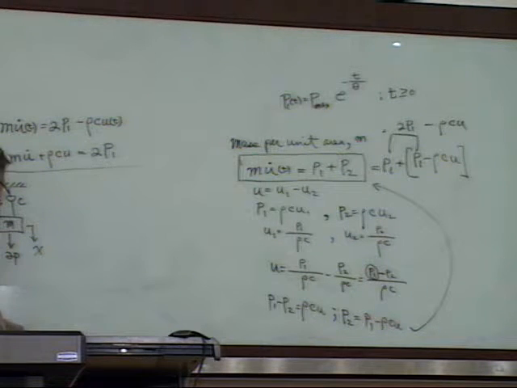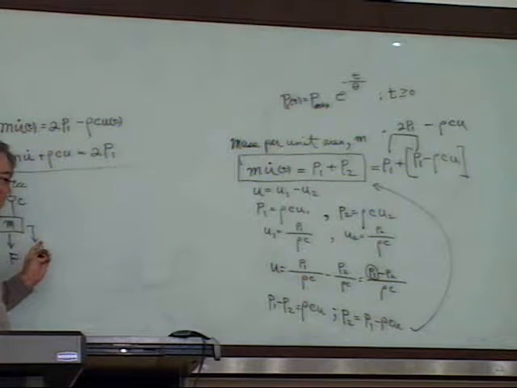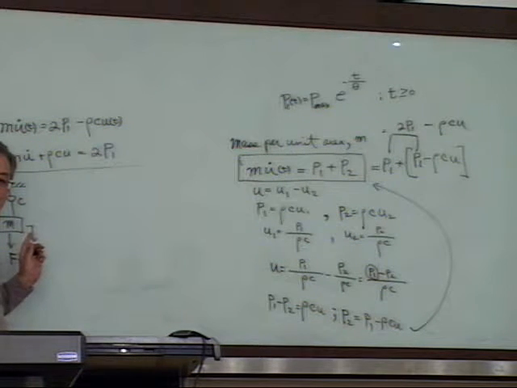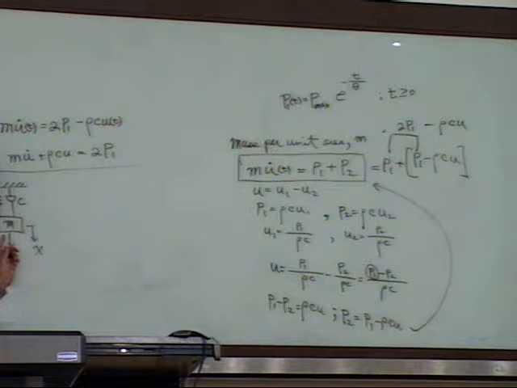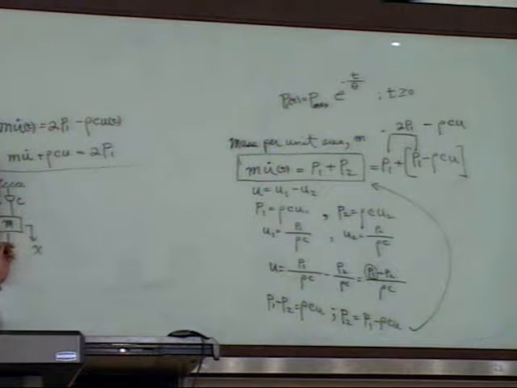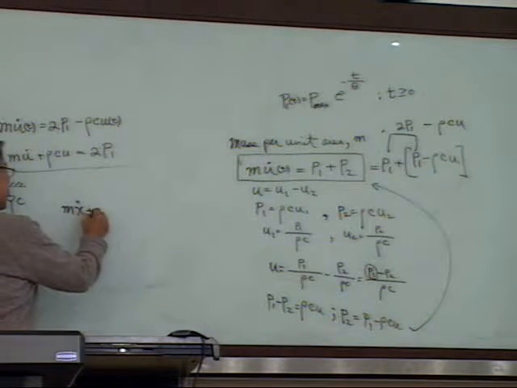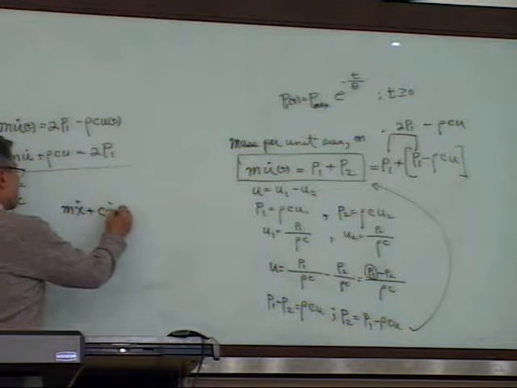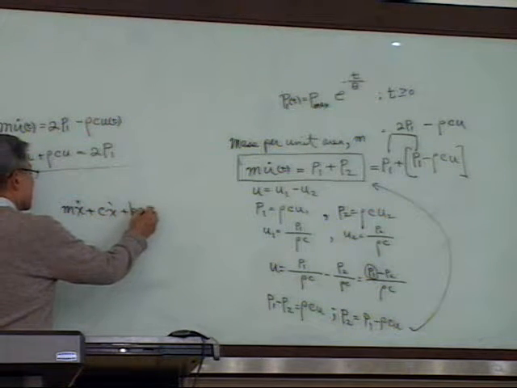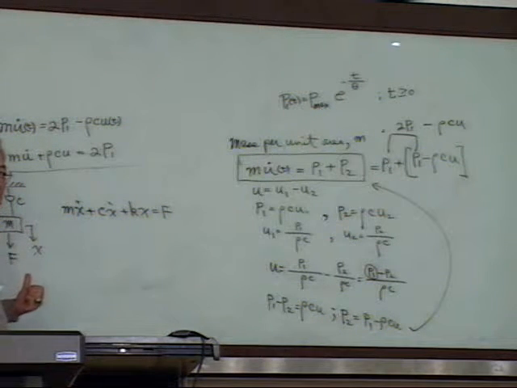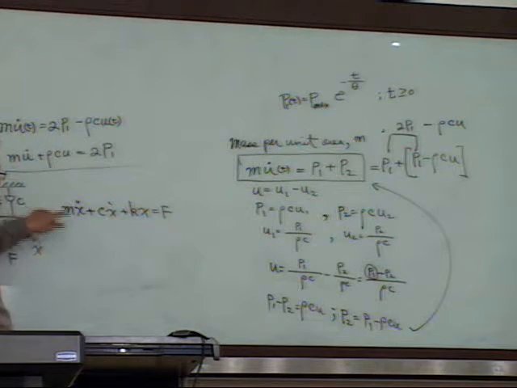What's the equation of motion? Anybody can tell? It's a vibration, which is m x double dot plus c x dot plus k x is equal to the force. Compare this and compare this.